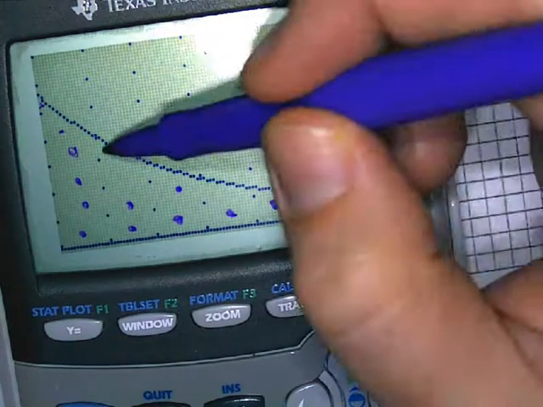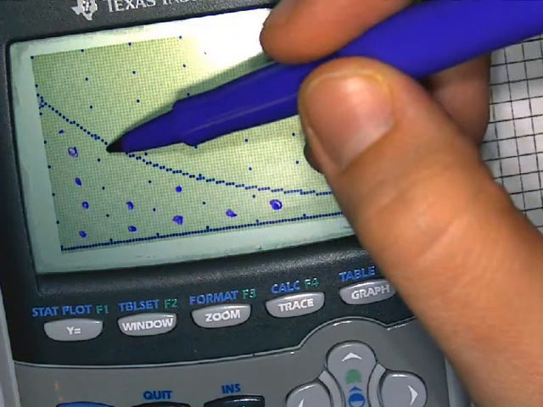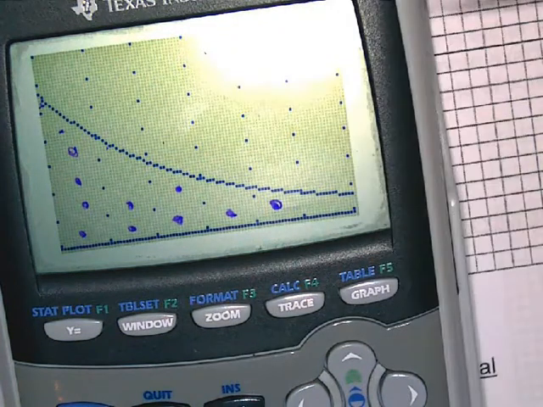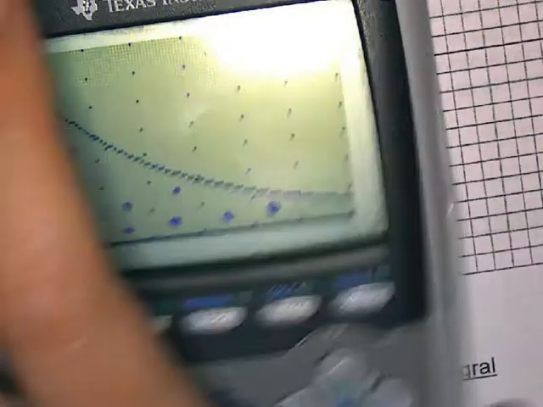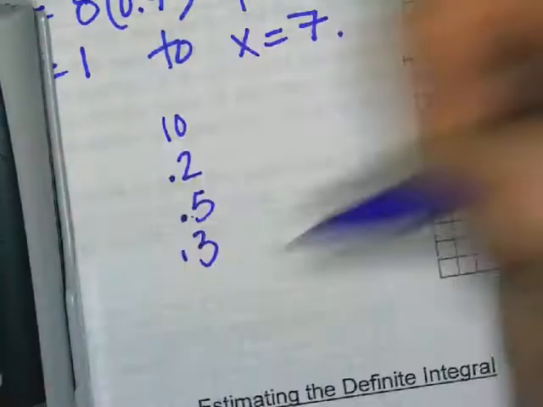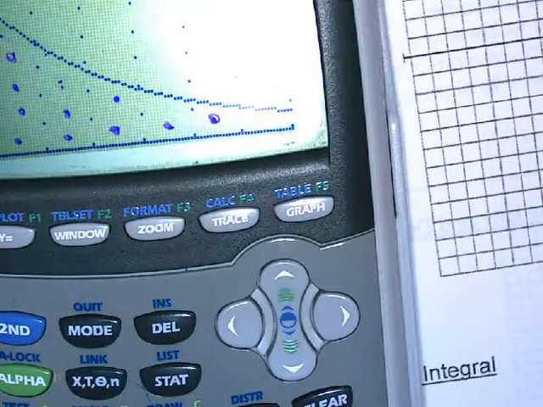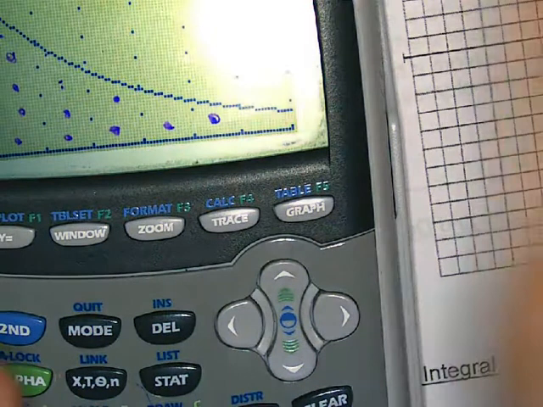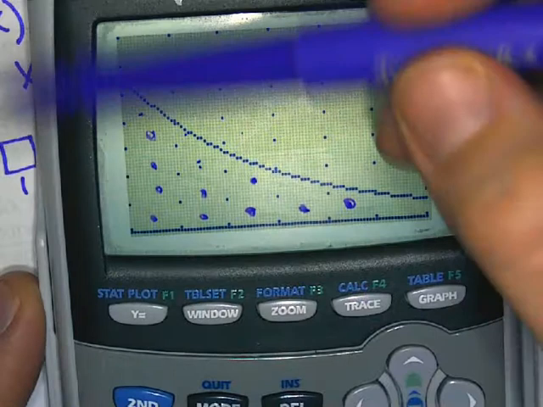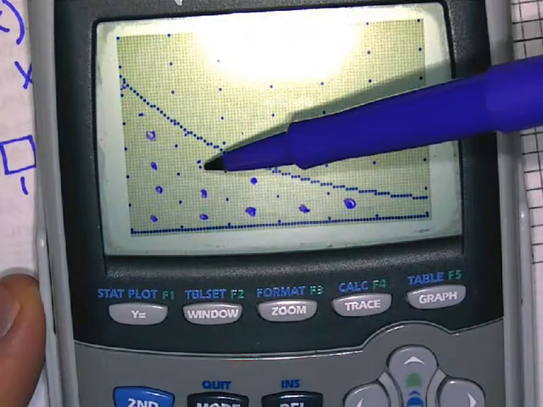What about right there? About 0.3, is that what you said? Okay, so 0.3. And then this one, 0.9. Oh, you can't even see it. Sorry. This one right here.